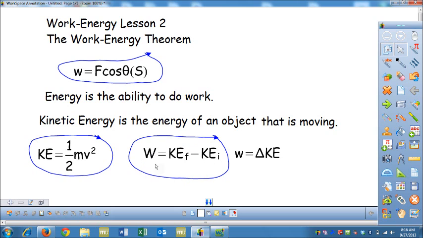That's what this whole lesson is about. If you wanted, you can do all these kind of problems because you can calculate the work, and if, for instance, you know the kinetic energy you start with, and you know the mass, you can find the final velocity from finding the kinetic energy final, because each kinetic energy is just 1/2 mass times velocity squared.